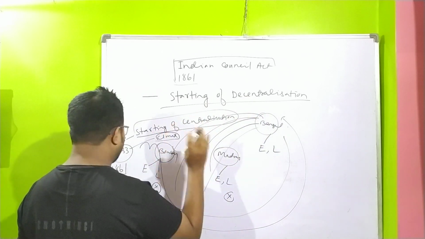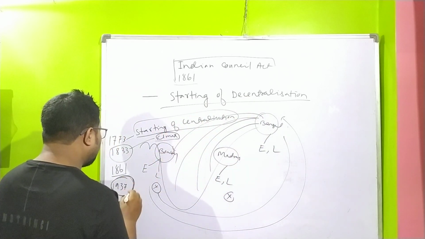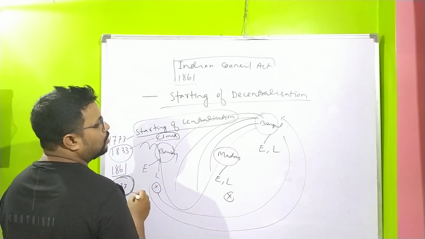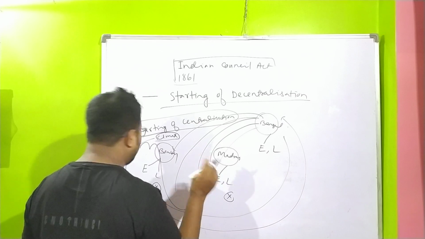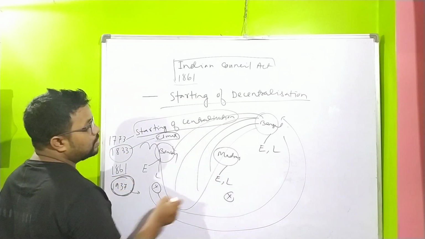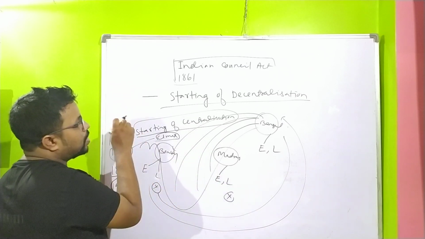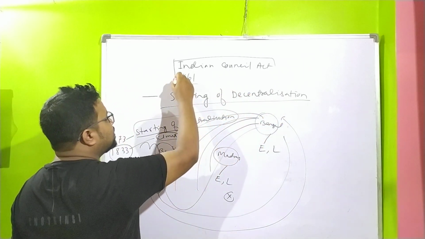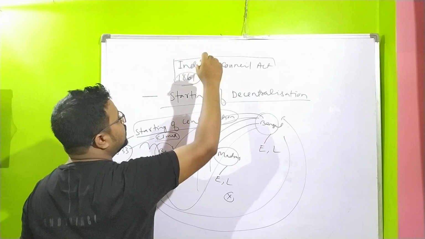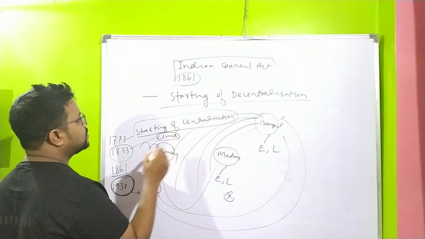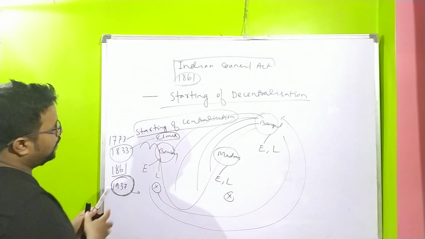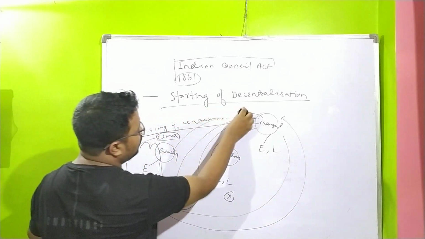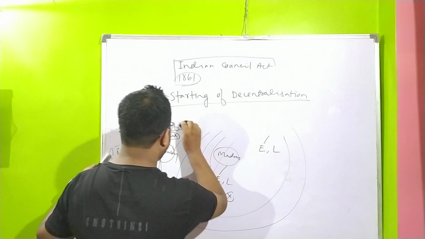So in 1937 it was complete decentralization. The starting of decentralization happened in 1861 under the Indian Council Act, done by Lord Canning.